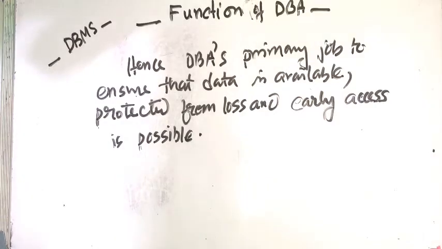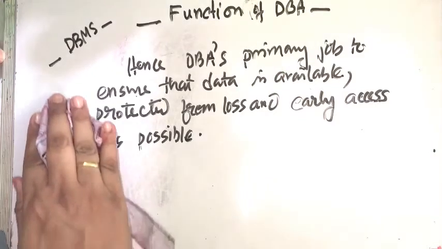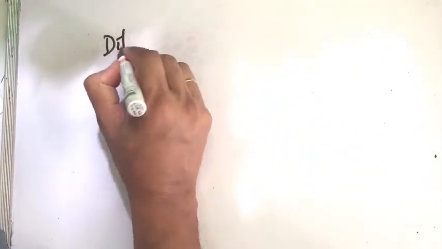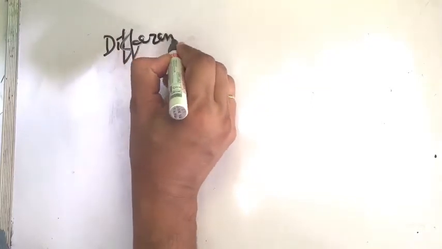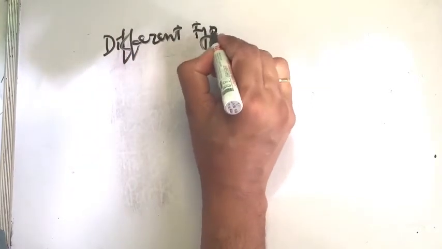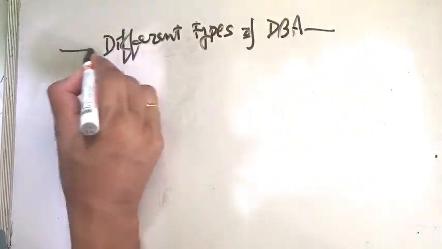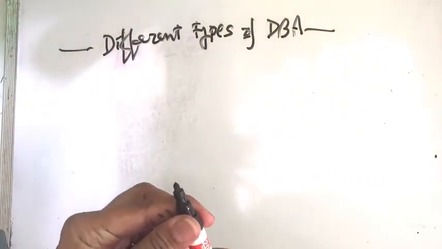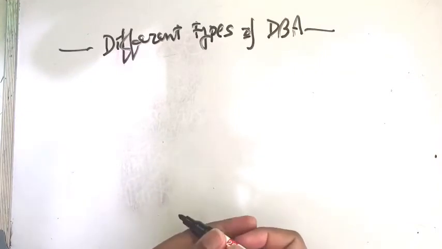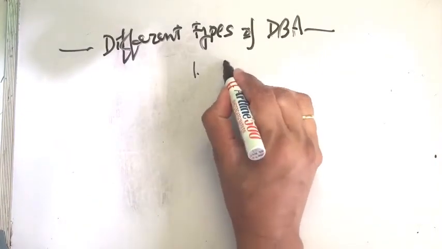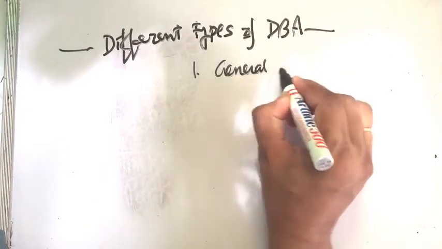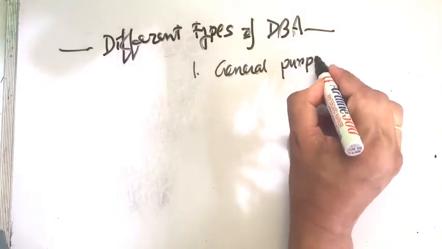This is the function of the DBA. Now the different types of DBA. Most common is number one, the general purpose DBA.